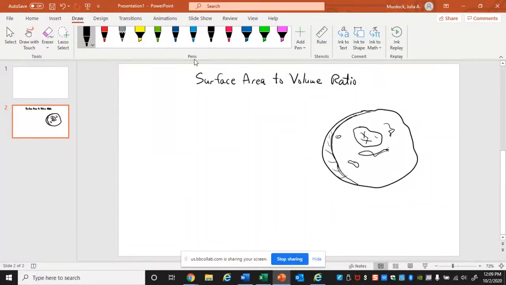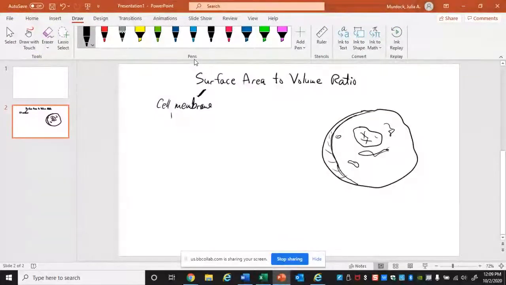And that's the surface that we're talking about when we're talking about surface area to volume ratios of cells. So the surface area is really the cell membrane of cells. Because functionally, that cell membrane's job, if you may recall this, is to bring in food and take out waste, in the simplest way we can say it, right?